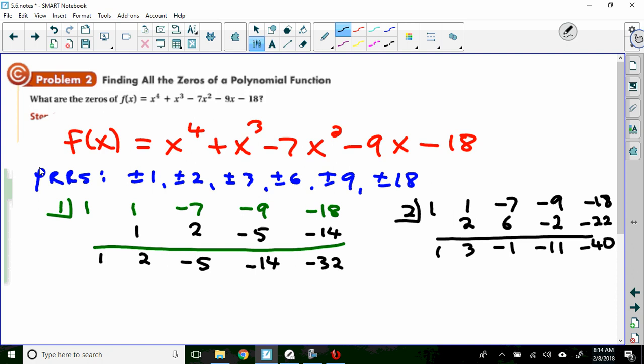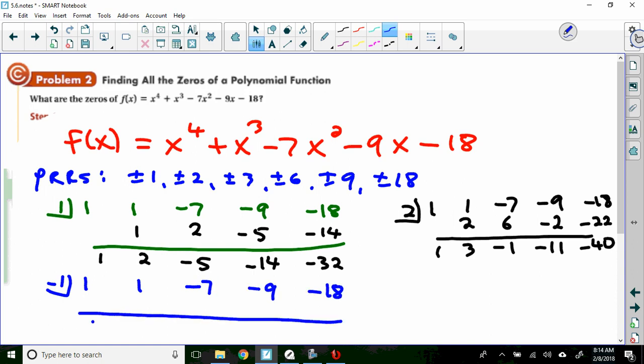You want to try -1? Okay, let's try -1. Worst that can happen is it doesn't work. 1, 1, -7, -9, -18. So here we go. 1, -1. There's 0, 0, -7, +7.